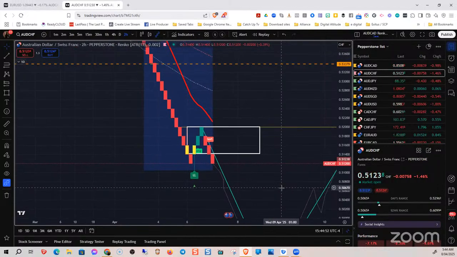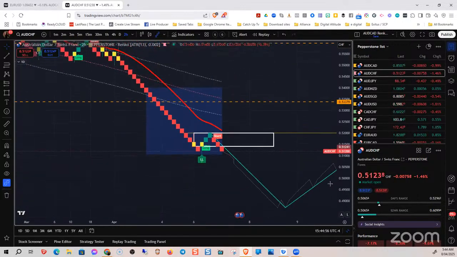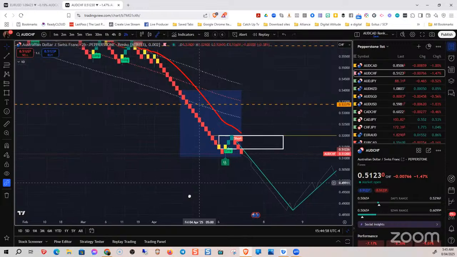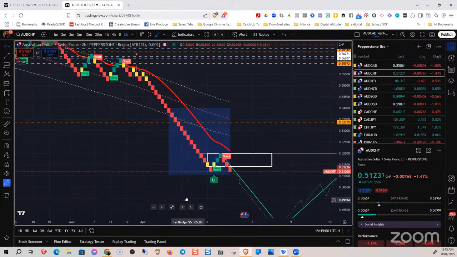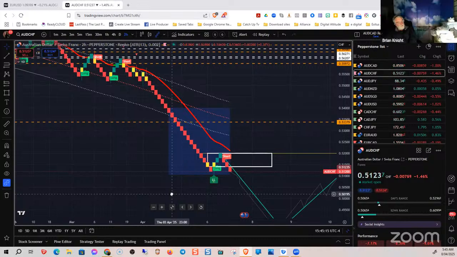So I'd rather just get out of the trade because I don't know at this point, because it's consolidating. So it's either going to drop down and beat this wick, which was the lower low, creating a new lower low, and then I just start the process all over again, which means that white box will slide down to the bottom of the yellow candles.